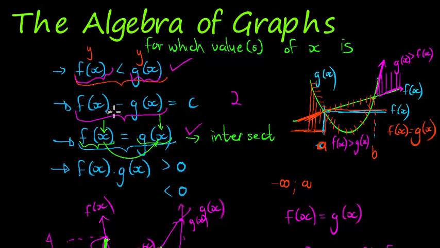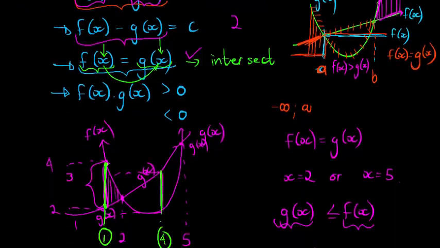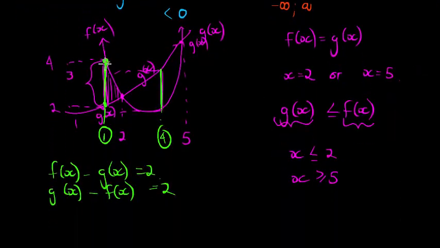Is f bigger or smaller than g? If my answer is 2, f is bigger. Because I get a positive answer, that means I'm having a bigger minus a smaller number. So I want to see where f is on top and g at the bottom, and the difference is 2. So this answer will be when x is 1.